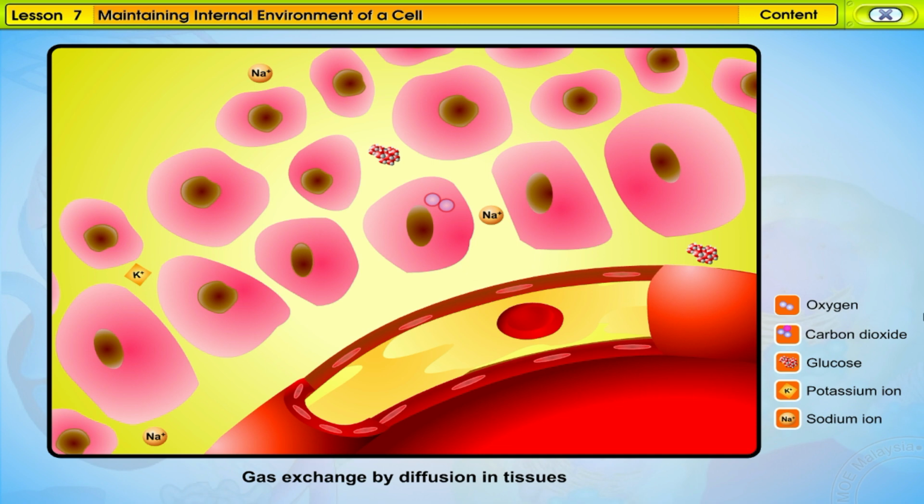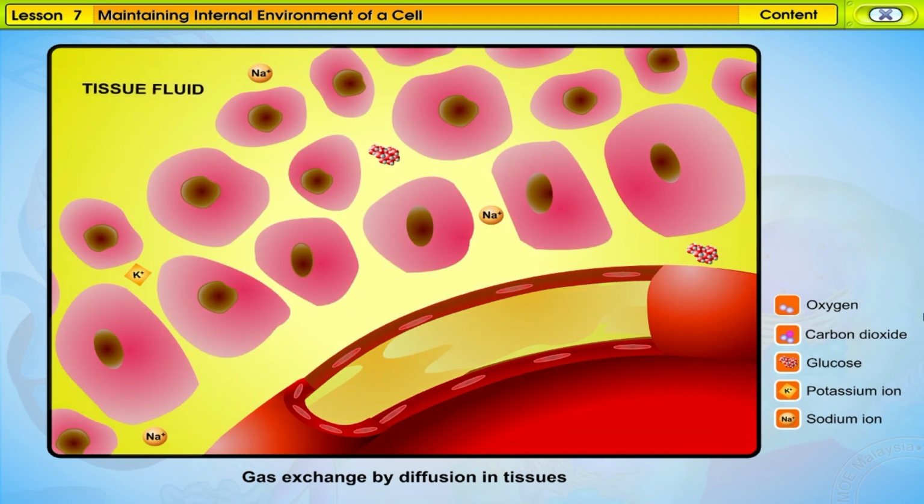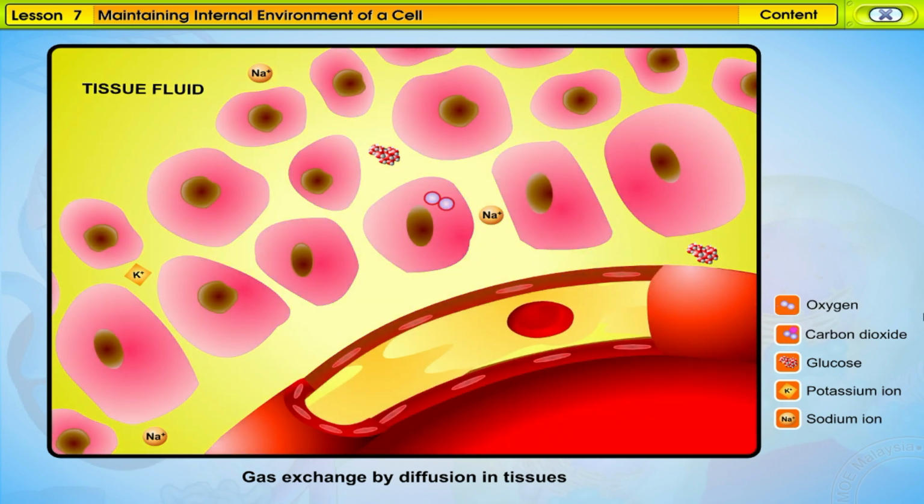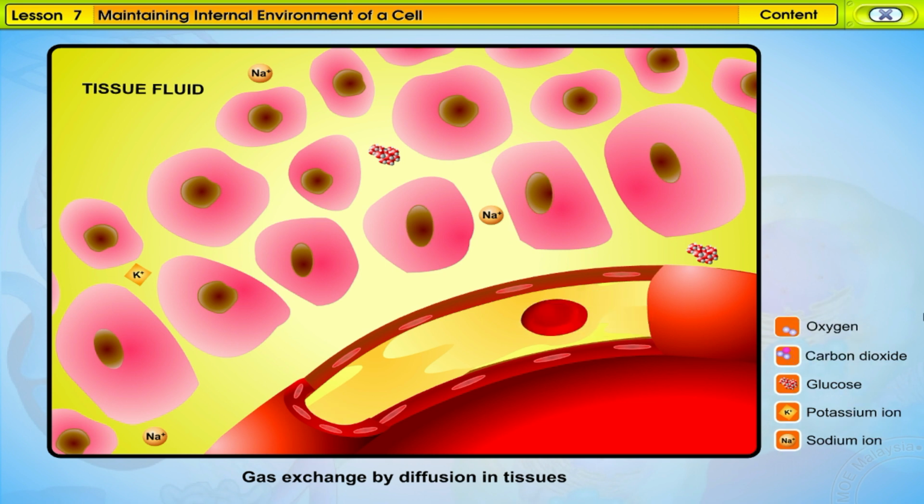The cells are constantly being bathed by fluids in the body. These fluids are rich in mineral ions, nutrients, and dissolved oxygen necessary for the cell to live. The body fluid that surrounds the cell is called the internal environment of the cell.